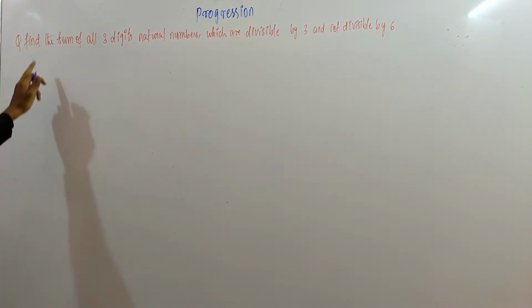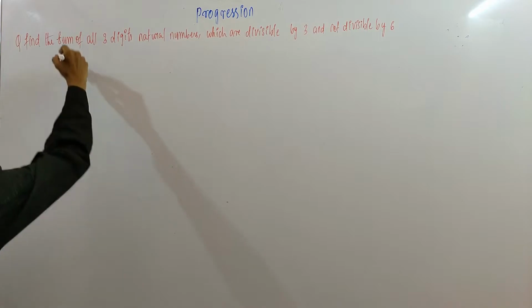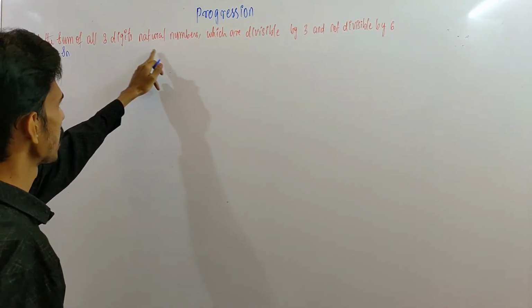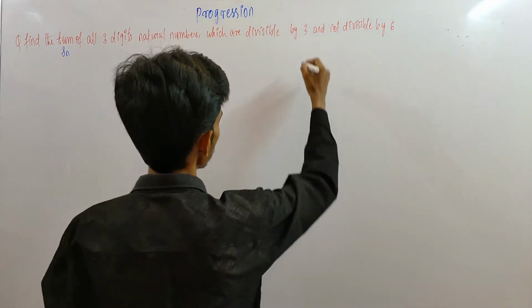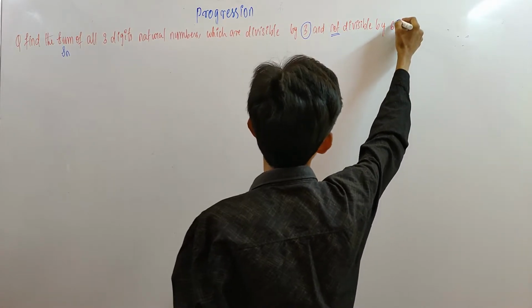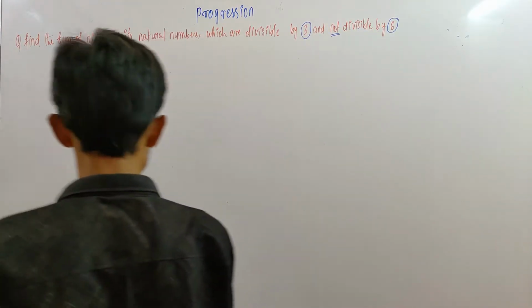Now let us solve this question. Find the sum. We have to find the Sn of all 3-digit natural numbers which are divisible by 3 but not divisible by 6.